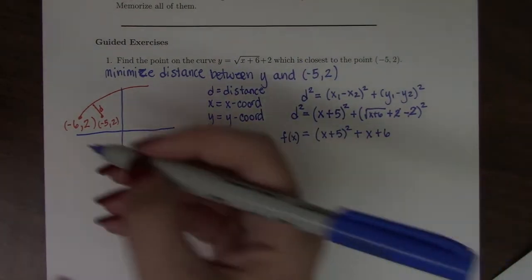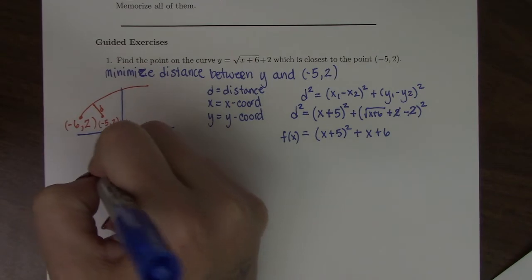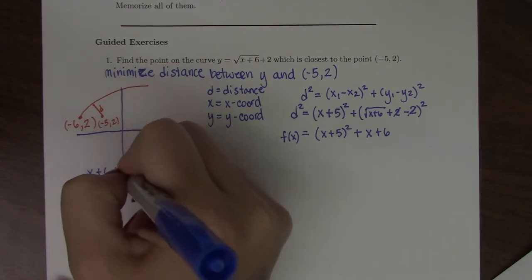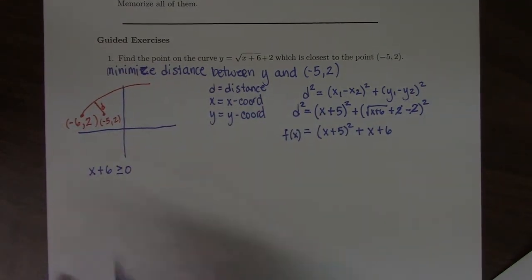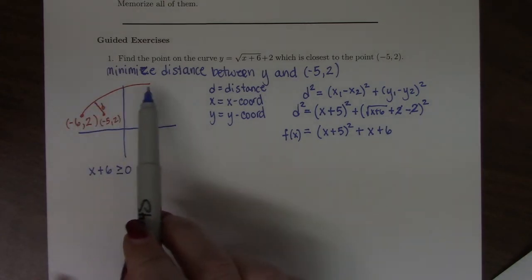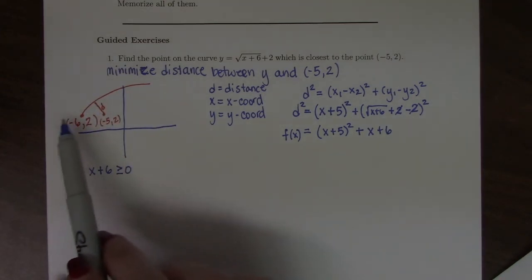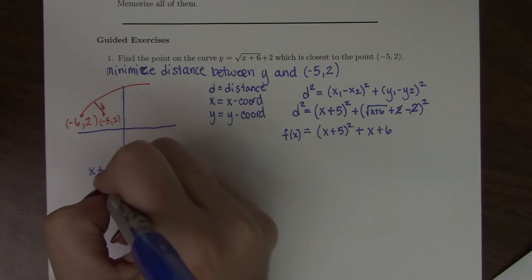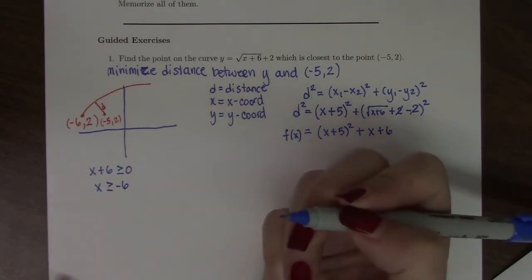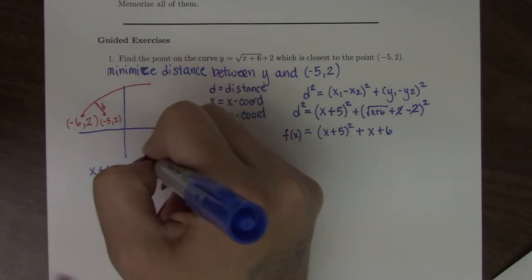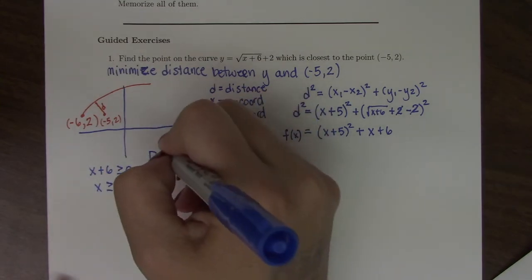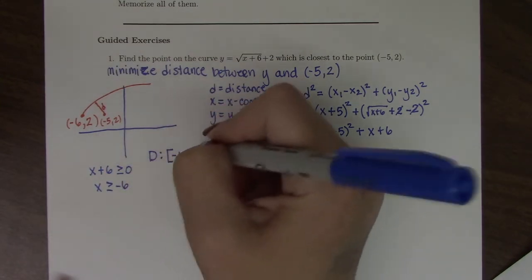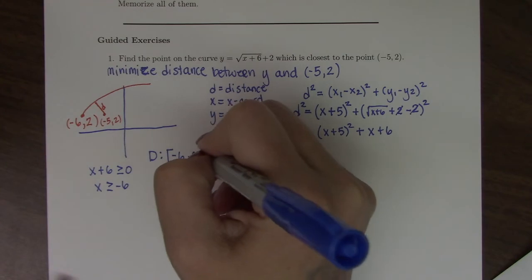So x plus 6 has to be greater than or equal to 0. We can also see from our picture that x can't be past negative 6. So x has to be greater than or equal to negative 6. That means the domain on x is negative 6 to infinity.